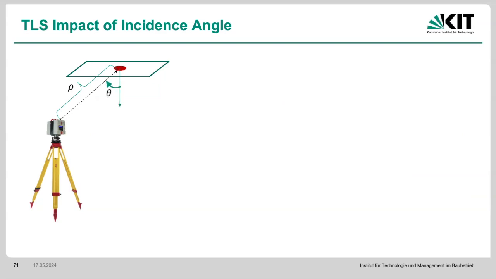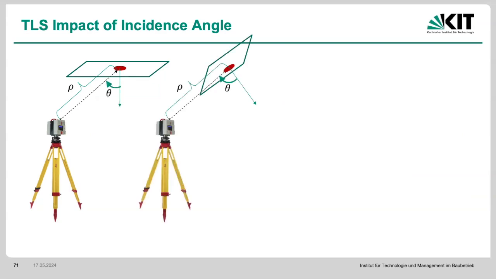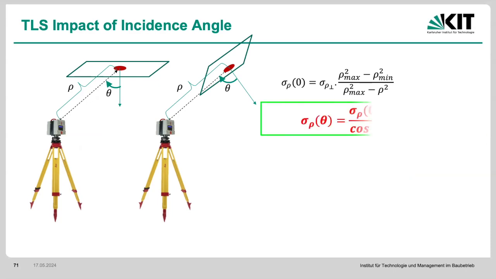It turns out that this is related to the cosine of that particular angle, because we're going to have a larger spot size there. So other than your rho max and rho min that would impact it, there's also a theta, where with respect to the cosine of that, you would get worse results.